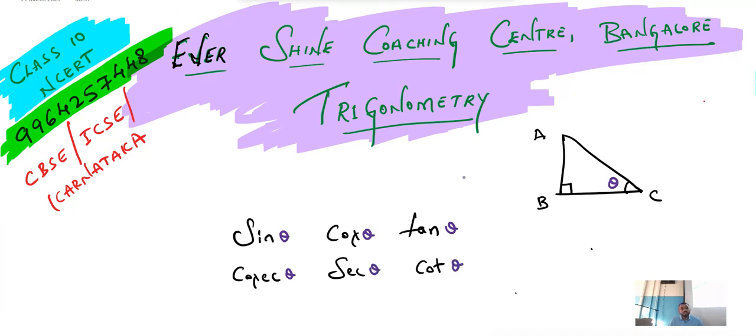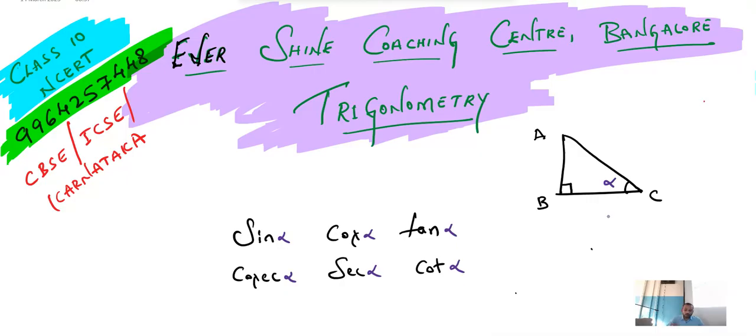Suppose the acute angle is alpha, then you should write sin alpha, cos alpha, tan alpha, cosecant alpha, secant alpha, cot alpha.